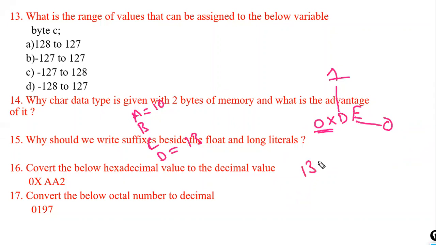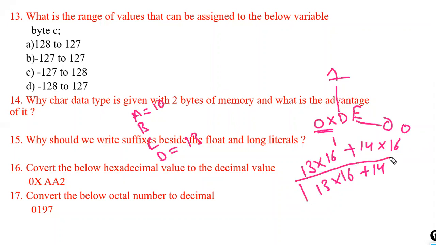So 13 into 16 to the power of 1 plus 14 into 16 to the power of 0. So 13 into 16 plus 14. This will be the equivalent value of 0xDE. So this is how you can convert a hexadecimal value into its equivalent decimal value.